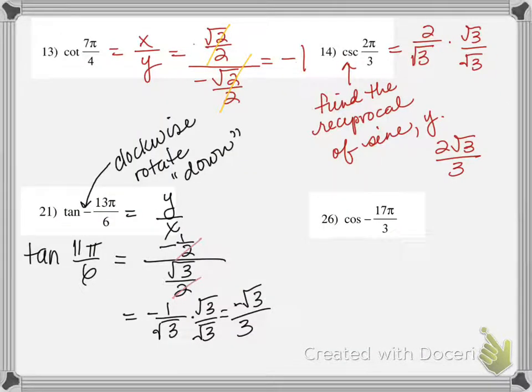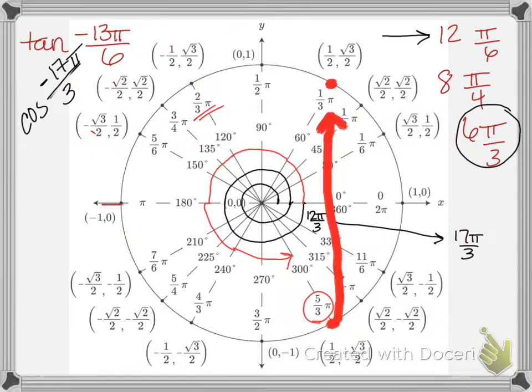So the cosine of negative 17 pi over 3 is cosine pi over 3. These angles are coterminal angles, okay? This angle and this angle, they're coterminal. That's what that means. All right, so cosine pi over 3. Cosine means you are looking for an x value. Go back to pi over 3. Pi over 3 x value is 1/2.